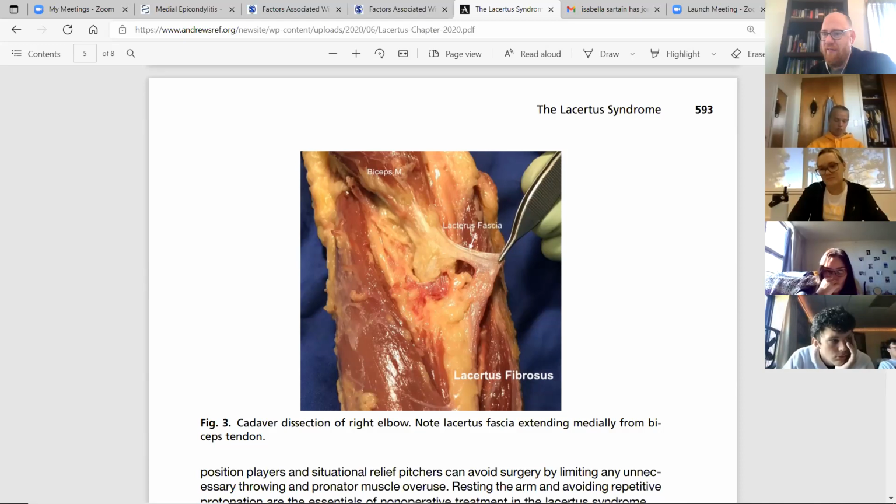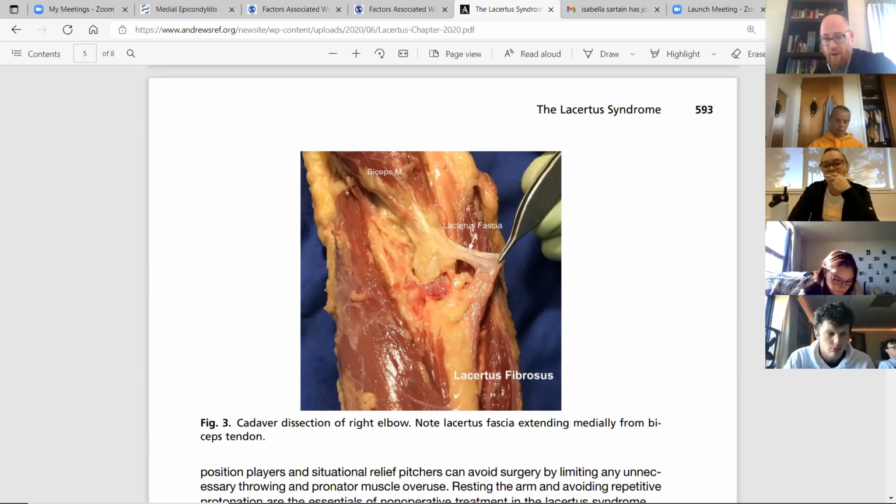What do I have less of as far as muscular activation at the shoulder? I've got less activation of my cuff, right? Why do I have less activation of my cuff at the shoulder? Because of the altered position of the humerus in the glenoid, right?